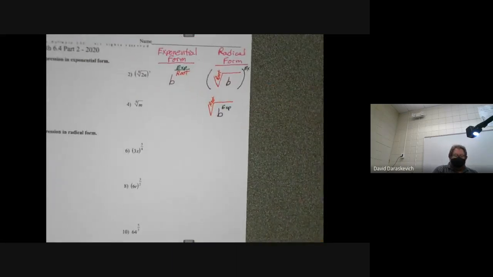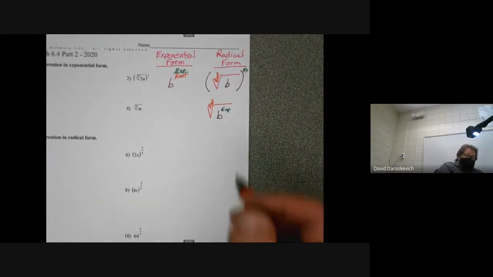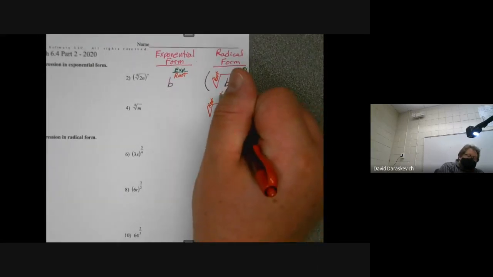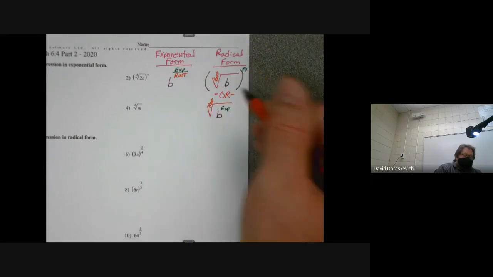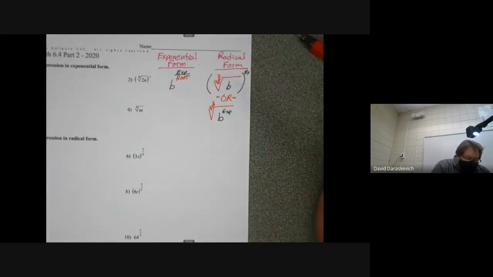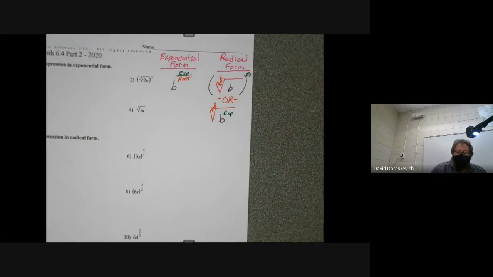So just to confuse you now, because you guys are youngins, they're going to throw both forms at you. Isn't that nice of them to do that? I think this worksheet most of the time will have the parentheses here.